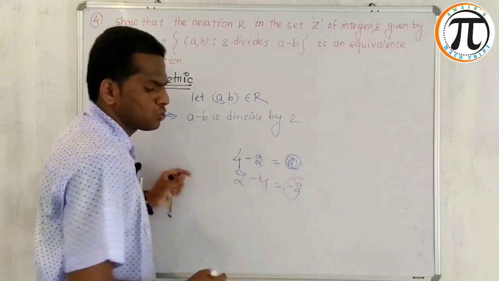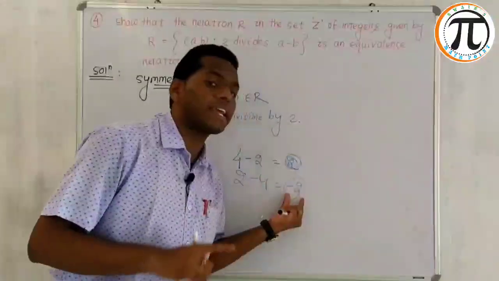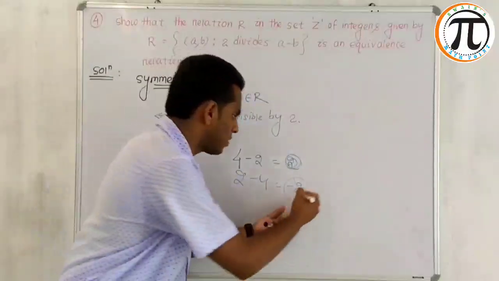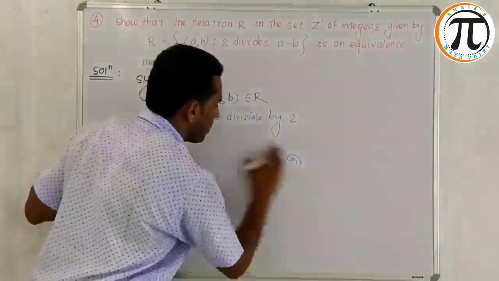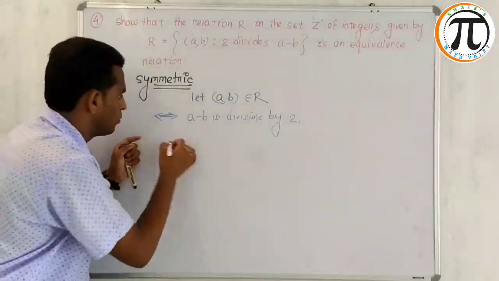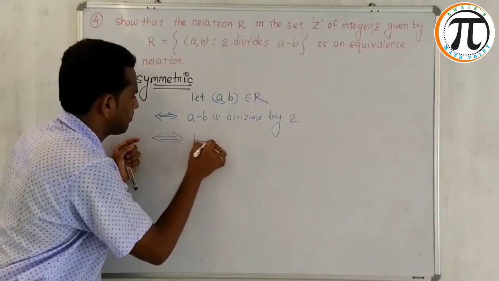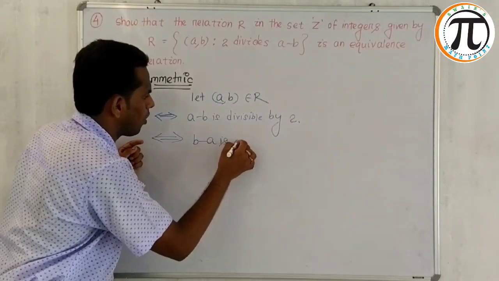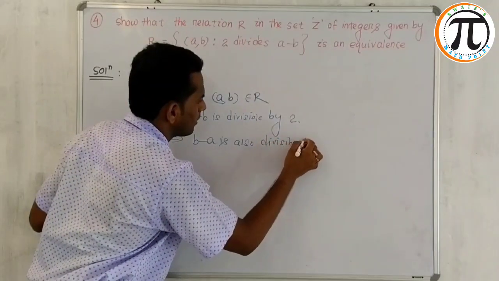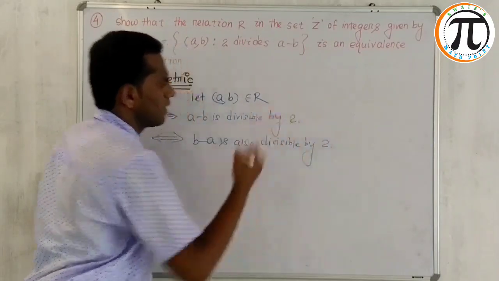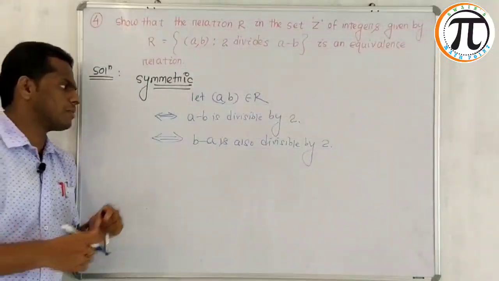Minus 2. So will minus 2 divide by 2 or not? Yes, why not? Minus 2 is also divisible by 2. It's possible. If a minus b is divisible by 2, it implies that b minus a is also divisible by 2. Is it or not? b minus a is also divisible by 2.